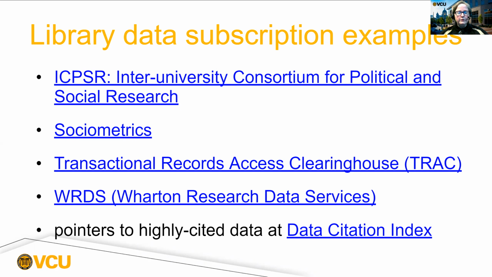And in those cases, the most highly cited ones may float to the top of the data citation index. So very highly cited, widely used data sets could be identified through that data citation index, and then you could explore and see whether we have access to the data sets.